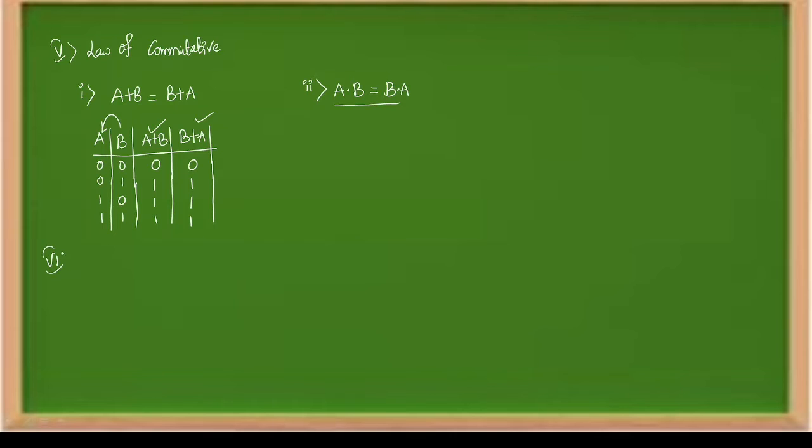Next, let me give you the sixth law, which is called the law of associative. Associative law with the logical OR operation can be written like this: A plus B plus C, that is A or B or C, is equal to A or B or C grouped differently.